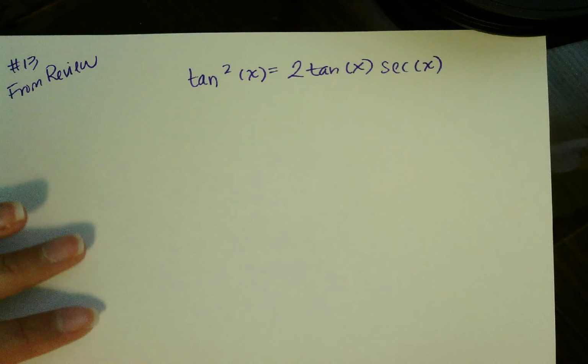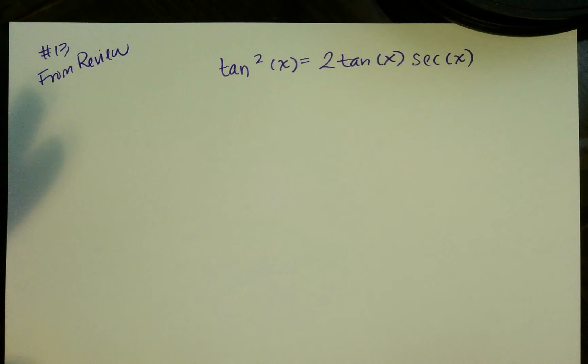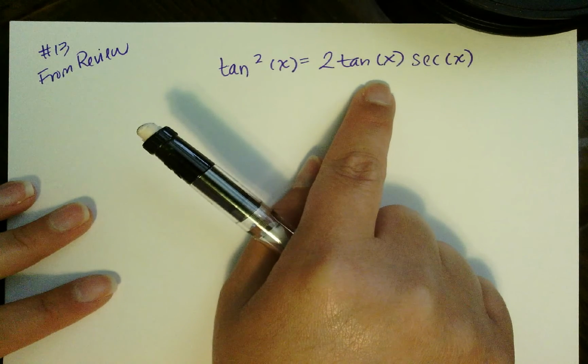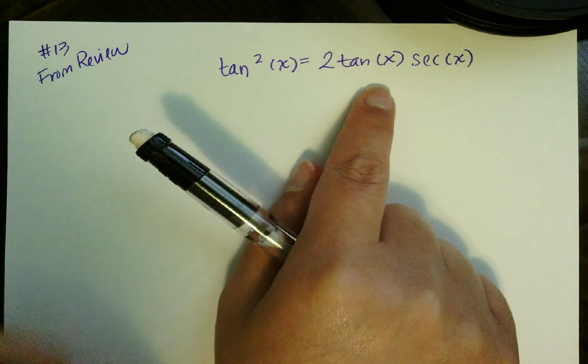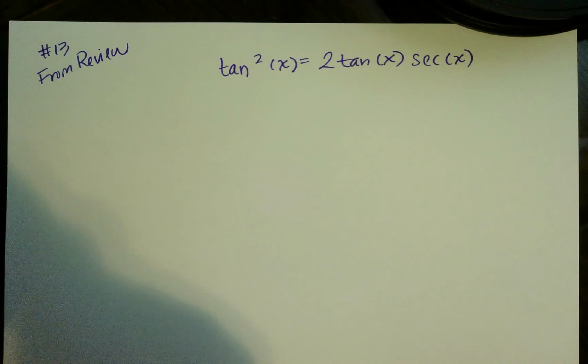Just FYI, hopefully nobody did this or was thinking to do it: you cannot divide by tangent of x, because then that gets rid of a tangent, and you're technically dividing by your variable. You should never divide by a variable. So don't do that.